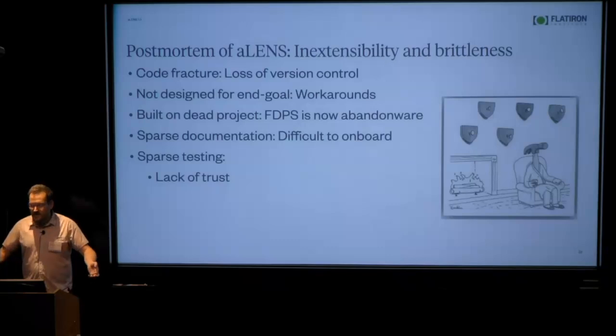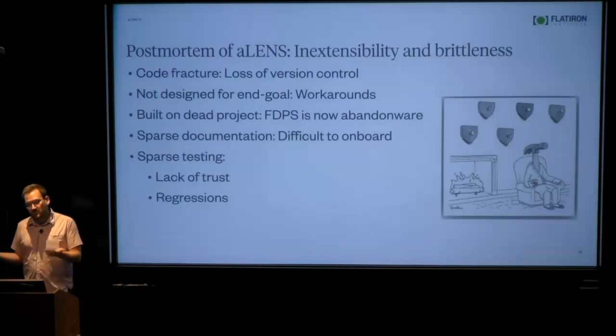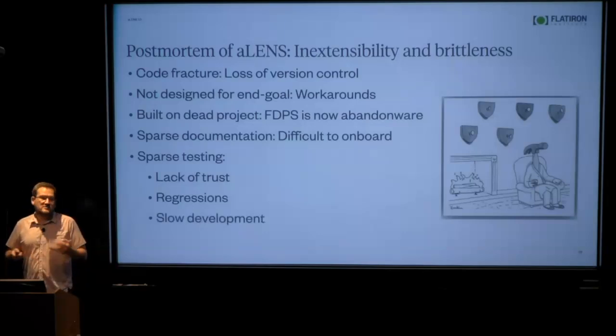Where did this change happen? So you have a lack of trust in the software system you're dealing with. You have these regressions where something broke and you don't know about it. It can also lead to slow development, both the documentation and testing, because you're always worried about these issues, or maybe you don't know how the API functions.